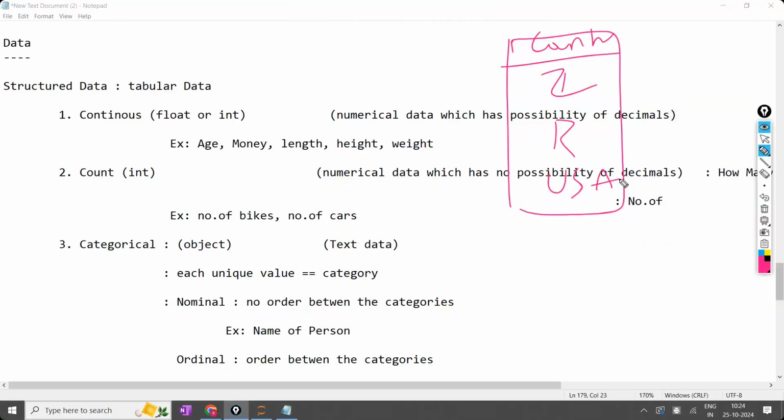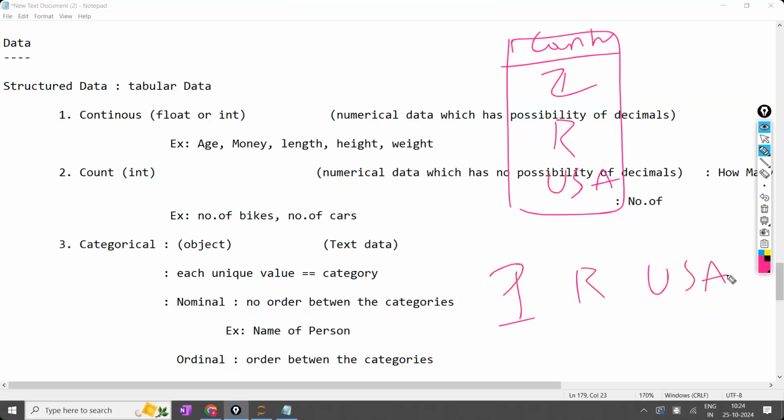You are saying the US is the top. On what criteria? GDP. I am thinking from the population point of view. If I see from the nuclear weapons point of view, then it differs. Who told you in which category I'm saying? Here, the categories given to me are India, Russia, USA.